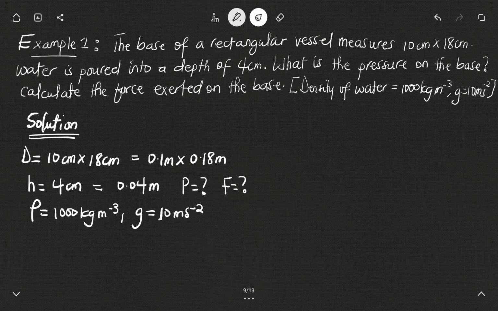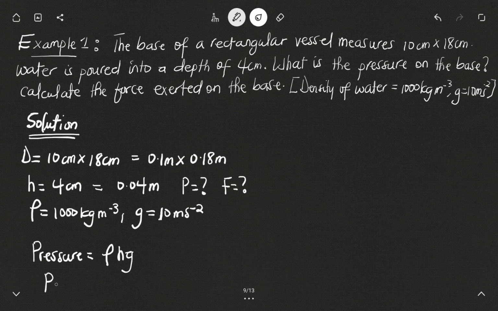All right, so let's go ahead and calculate the pressure for this particular problem. Now, if we look at the formula that we derived earlier for pressure, we said pressure is equal to the density multiplied by the height multiplied by gravity. So there's no need to calculate area here.